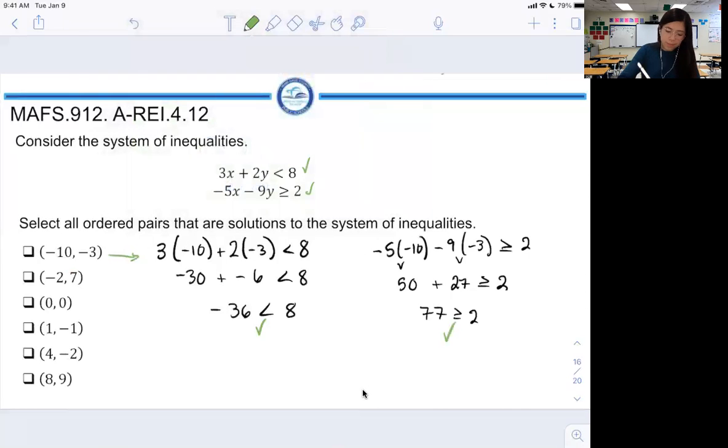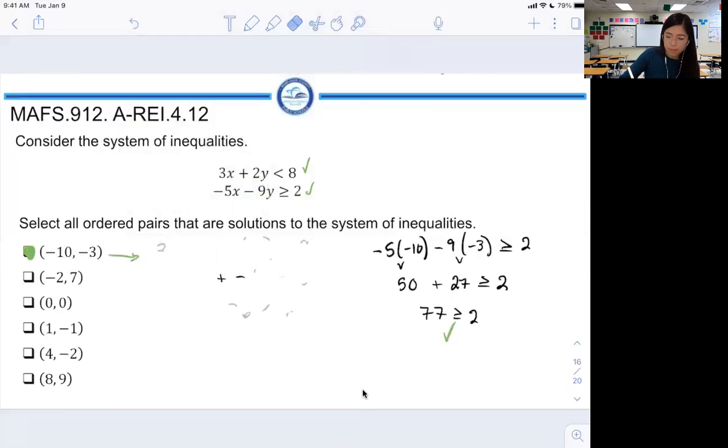So that works as well. So first answer choice is in. Now I'm going to do this with every single one of these. Let's just go right through it. I'm not going to do too much speaking. But let's go ahead and test these all out.